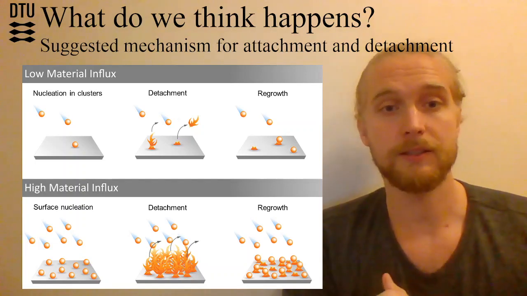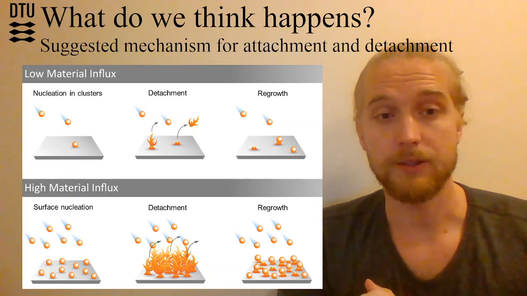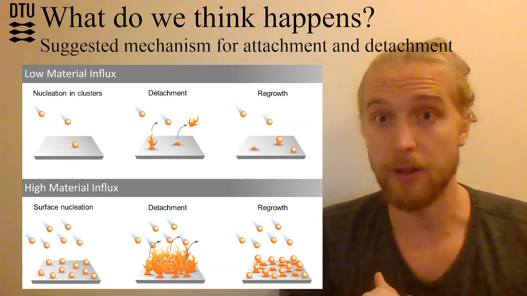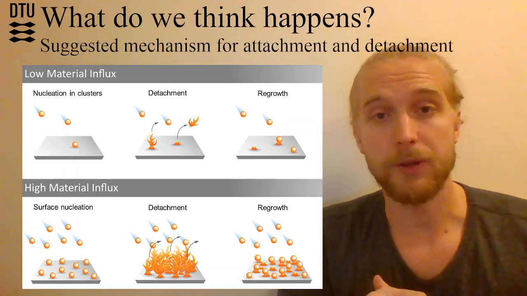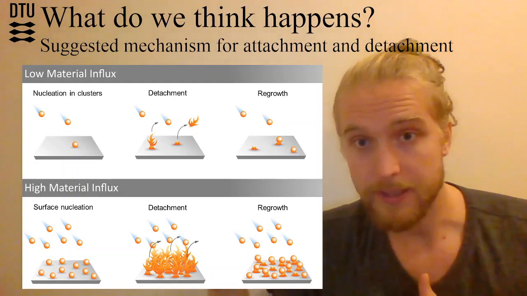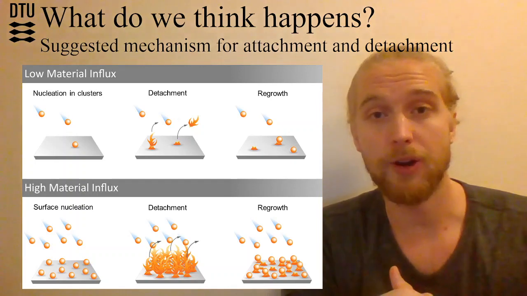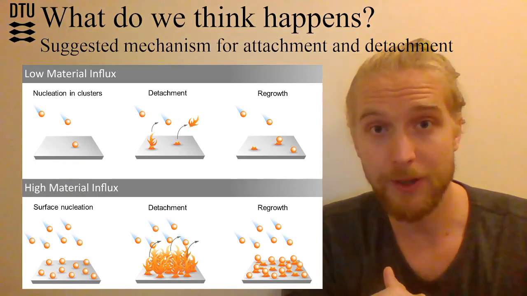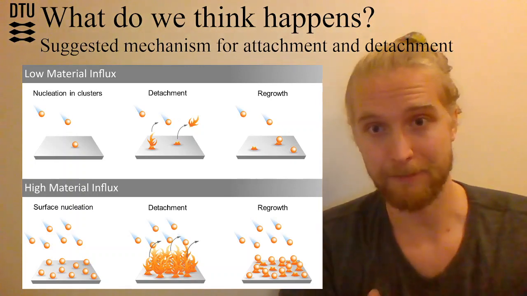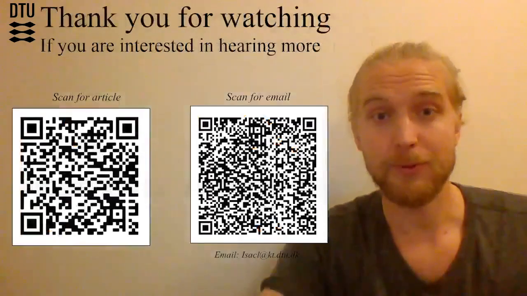The difference is that when material is growing in the high influx regime compared to the low influx regime, the crystals are formed all over the surface, and when they grow up, they protect each other from the shear forces from the fluid, and therefore detach much later. So those were our findings.